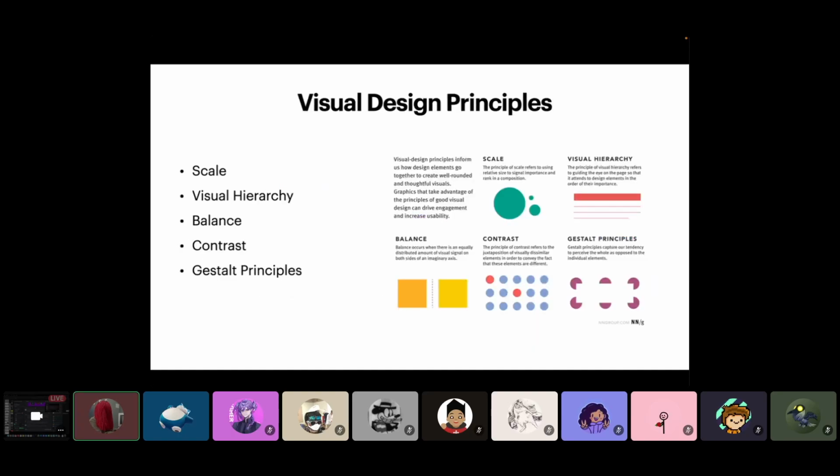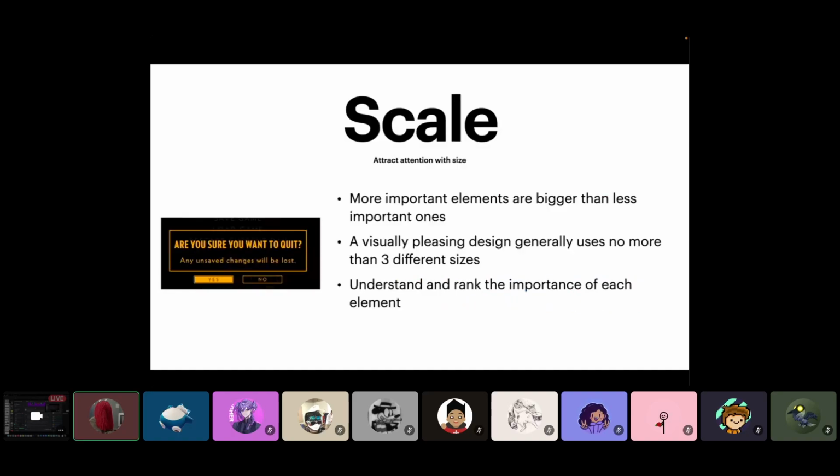So some visual design principles include scale, visual hierarchy, balance, contrast, and Gestalt principle. I think it's Gestalt, but let's go over them real quickly. So scale, it's pretty much self-explanatory. If you want to attract attention to some UI elements, you need to scale it up and make it big.